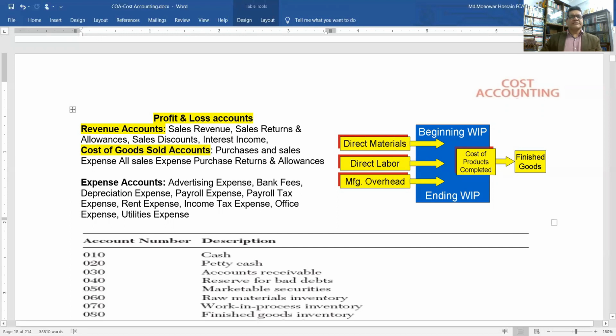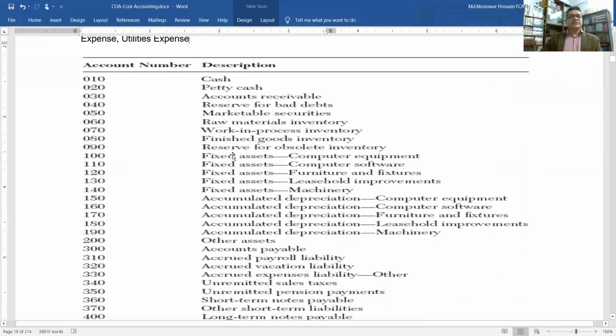They are purchase, sale, expense, etc., return, allowance, etc. And in the expense accounts, in our chart of account, we see advertising, bank fee, depreciation, payroll, payroll tax expense, rental expense, other operating expense, utility expense, everything. So here we see that direct material, direct labor, and manufacturing overhead go to the opening work in progress, the cost of goods produced, which is the finished goods, and the remaining work in progress item. So this is the scenario of a chart of account.